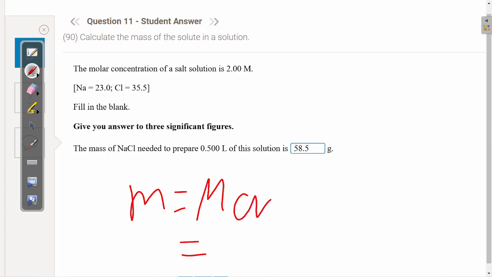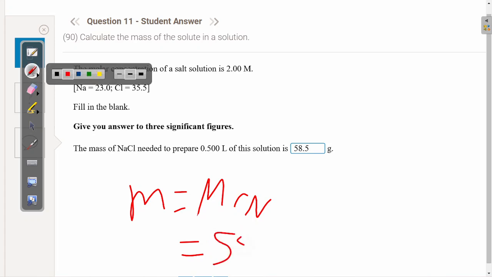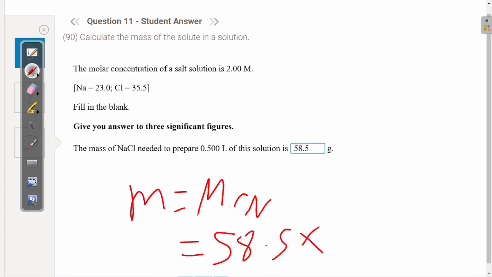Molar mass of NaCl is 23 plus 35.5, which is 58.5. So 58.5 times the concentration, which is 2, times the volume, which is 0.5. You will get 58.5.